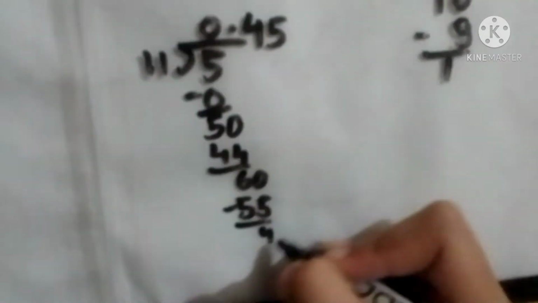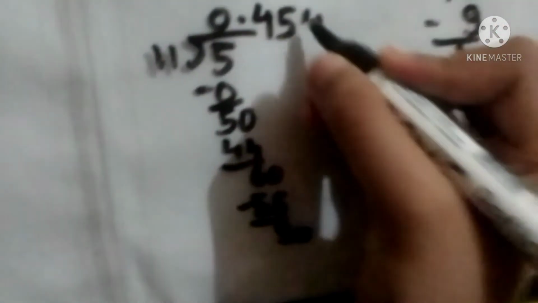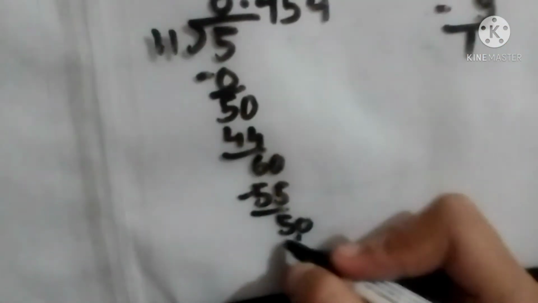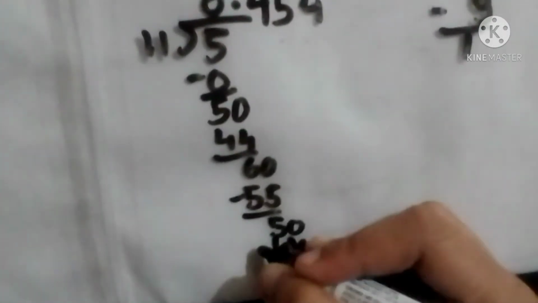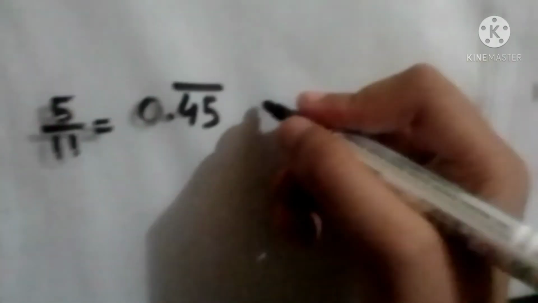Then again 50. Then again 11 4s are 44. Again it will become 60. So this will keep on continuing and we will get 0.45 with a bar. It will not stop, it will keep on continuing. So this bar shows that it has a decimal expansion that is non-terminating recurring.